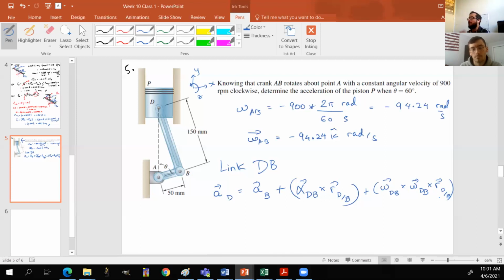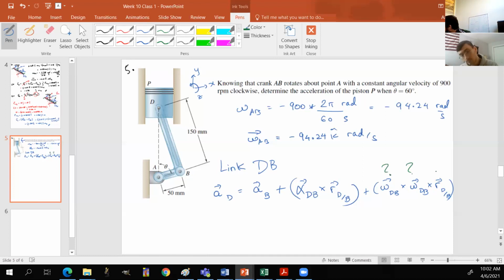Exactly. Whenever you're looking at plane rigid body motion, one vector equation will always give you two expressions, one in I hat, one in J hat. All right, that's just how vectors work. It's magic.